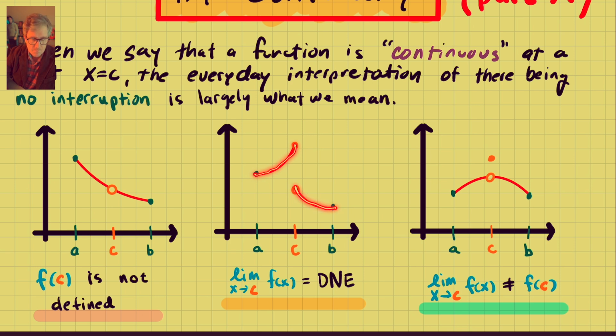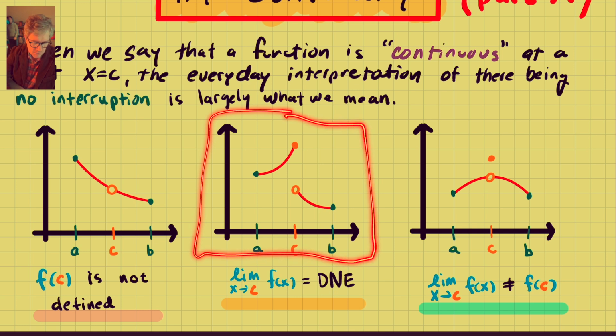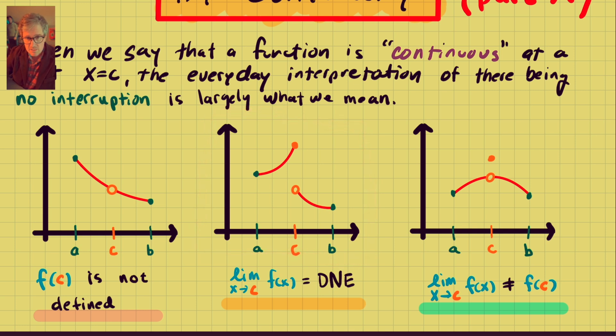A lot of functions will do this. It just has this break right here. So this function would be considered to have a discontinuity, even though it technically is defined everywhere. You can see this discontinuity through the fact that the function doesn't have a limit at c.